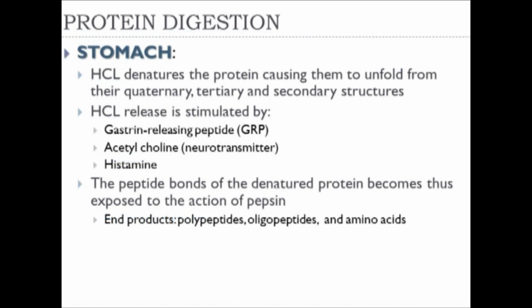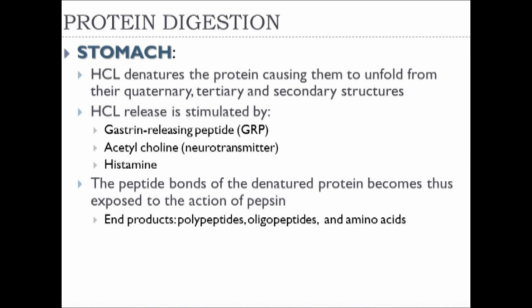Now for the digestion of protein. In the stomach, hydrochloric acid, or HCl, denatures proteins, causing them to unfold from quaternary to tertiary to secondary structures. So they actually unfold and open up. And the HCl release is stimulated by the gastrin-releasing peptide GRP, acetylcholine, which is a neurotransmitter, and histamine.